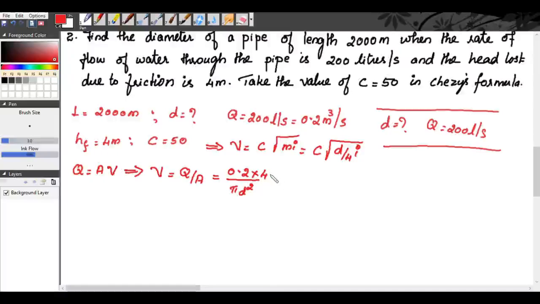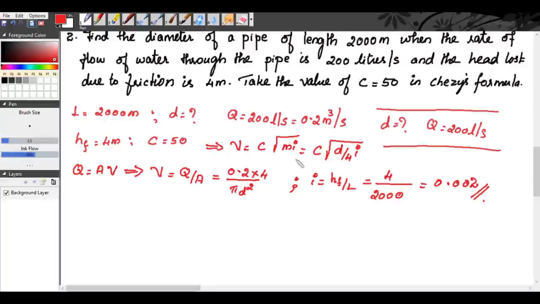Hydraulic mean depth is d by 4. And I is the hydraulic gradient, hf by L. hf is given as 4 meter, and the length of the pipe is 2000. So 4 by 2000 gives 0.002, which is I.